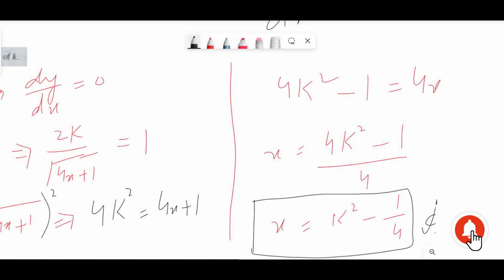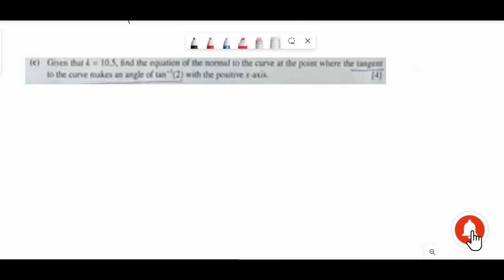Let's move to the next part, part C. Now in part C, given that k is equal to 10.5, find the equation of the normal to the curve at the point where the tangent to the curve makes an angle of this with the positive x-axis.